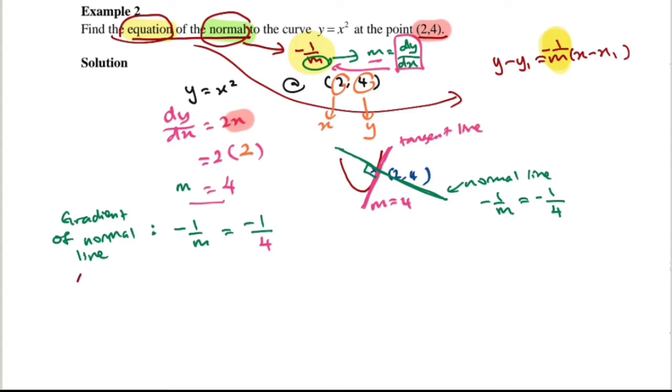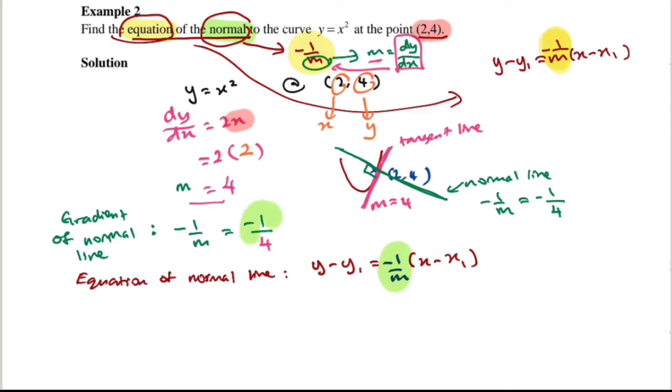What about the equation of the normal line? Equation of a line will always be y minus y1 equal to the gradient of that line multiplied with x minus x1. And what is the gradient of a normal line? The gradient of normal line is negative 1 over m. And we have found this value of negative 1 over m here.